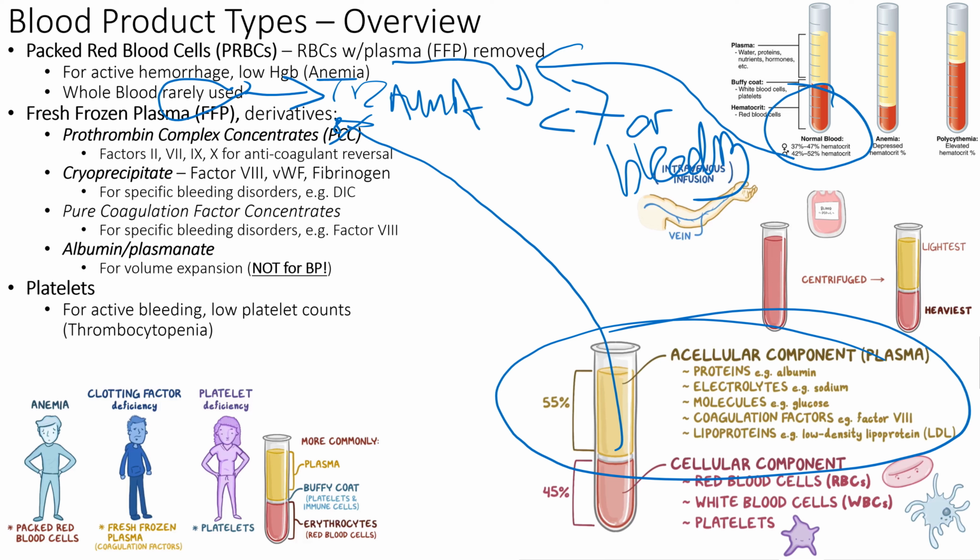Okay, and then cryo. Cryoprecipitate is kind of like PCC, but it's just a certain variety of clotting factors specifically for DIC. And in DIC, you're using all of your clot building blocks, such as clotting factors and fibrin. When the coag cascade finishes, you have fibrin, and then you have platelets that will bind to it.